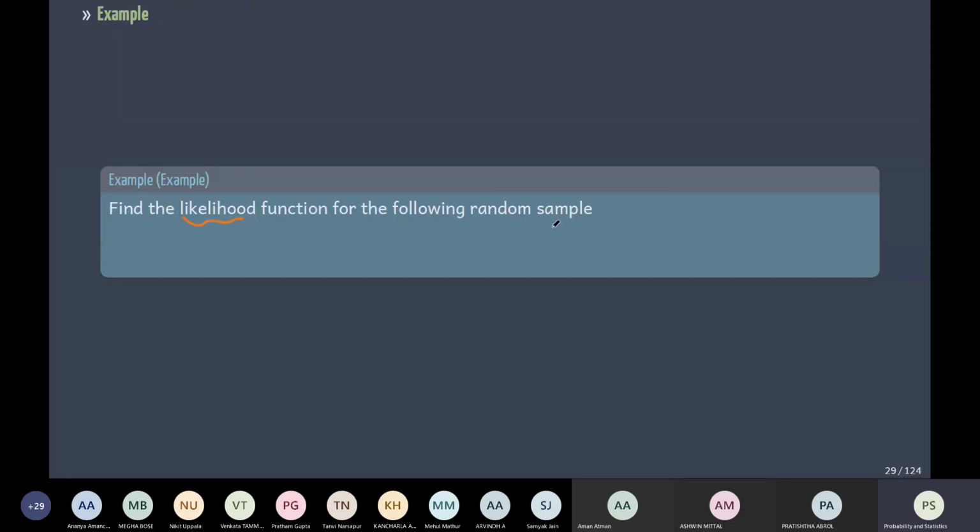Find the likelihood function for the following random sample. These are the observations we have, and we are given that it's a binomial with n and p known to us. When we say we observed 4 values, there were only n of them, so all this is happening because of the replacement. I can have 4 samples coming out because I'm replacing, although the total data is 3.